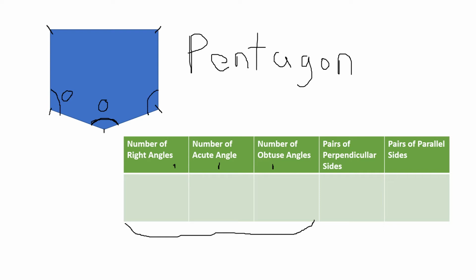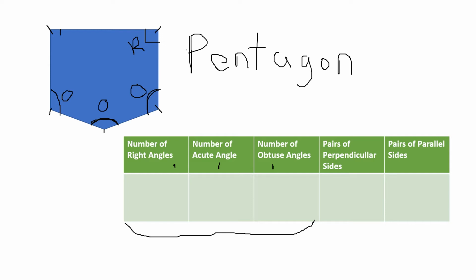Going over to this corner, this is the same as the opposite corner. This is an obtuse angle. And I'm going to keep working my way around the pentagon, and I get to this angle right here. It forms a perfect square corner. So this would be a right angle.